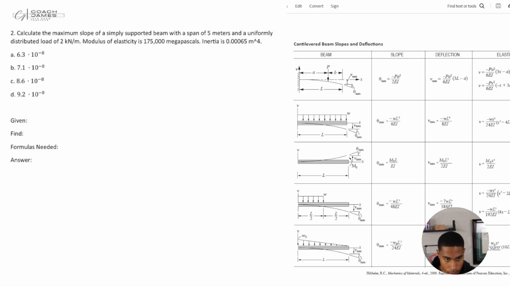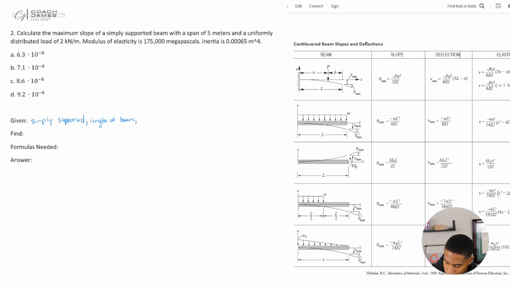So what are we given? We're given that it is simply supported. All right. We're given the length of the beam.